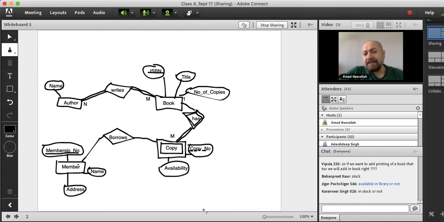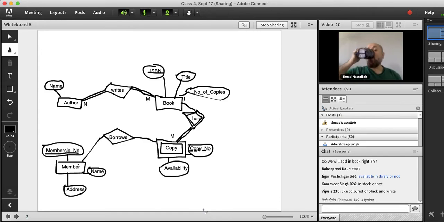Printing of a book will be for the copy, because maybe we have a copy in color and a copy in black and white. So it's not related to the book, it's related to the copy.